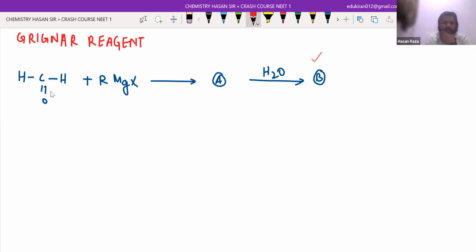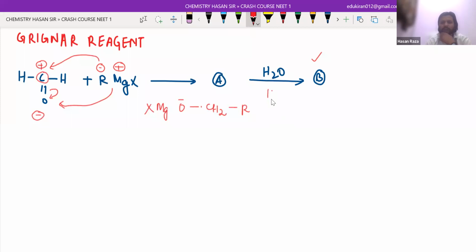So how did you proceed? You know, this will move to this, so there will be negative, there will be positive. This will be negative, this will be positive. So it will attack here and this will go here. So you can see I'm going to write CH2 together and you can see O negative will go with MgX and then R will be here.